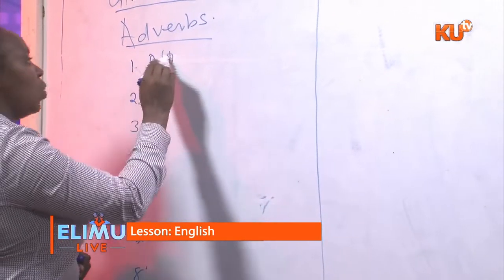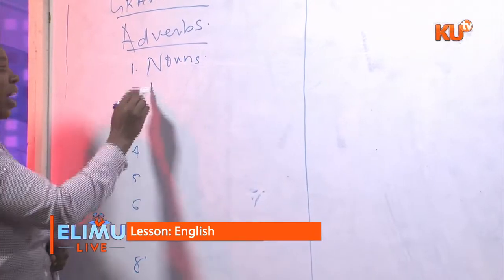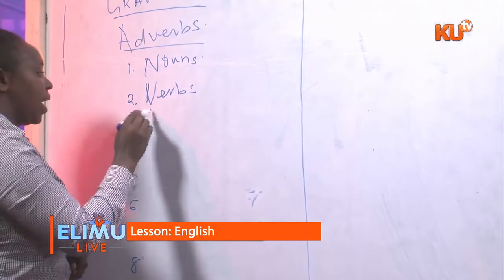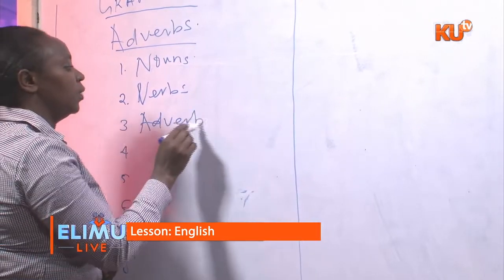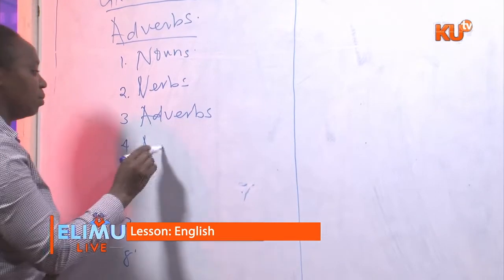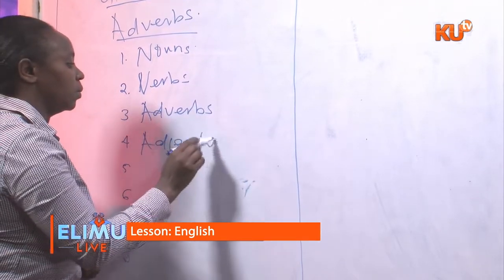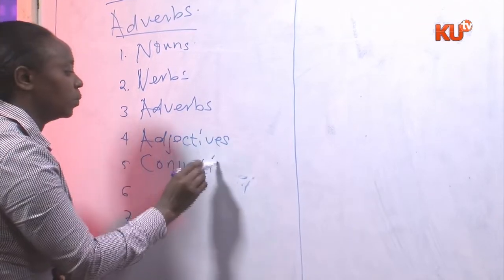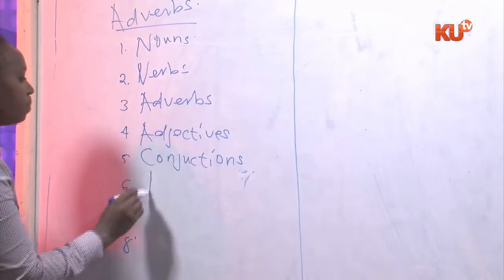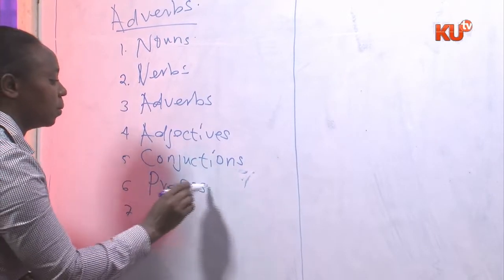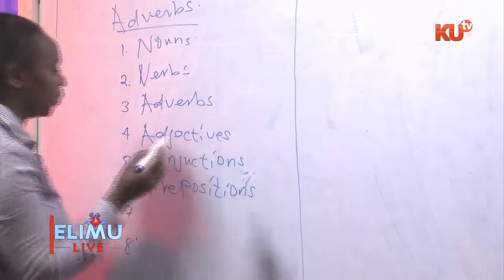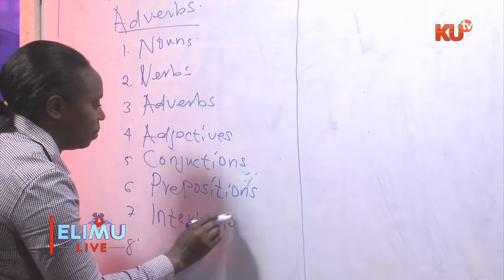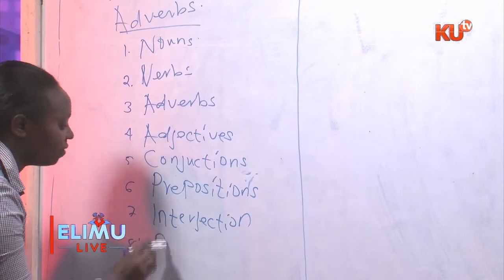We have the nouns. We also have the verbs, the adverbs, the adjectives, the conjunctions, prepositions, interjections, and the pronouns.